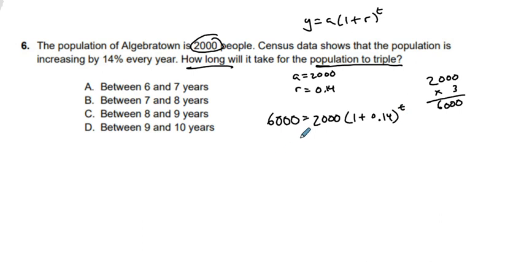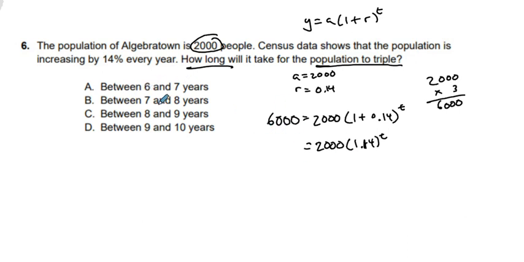So this is going to be like that last question we had on the lessons part of the video, right? Where we are going to take this and try to calculate it. So we have 1.14 to the t power times 2,000. And we want to see how long it is going to take before those 2,000 people become over 6,000, right?